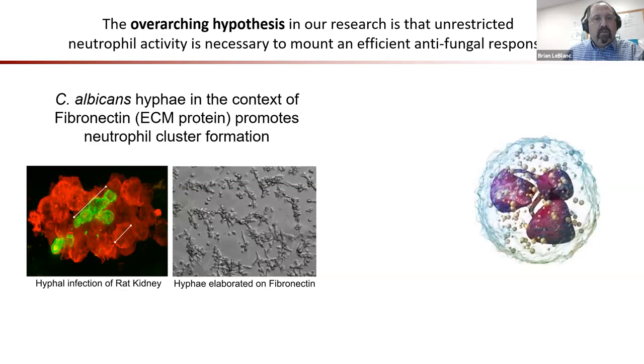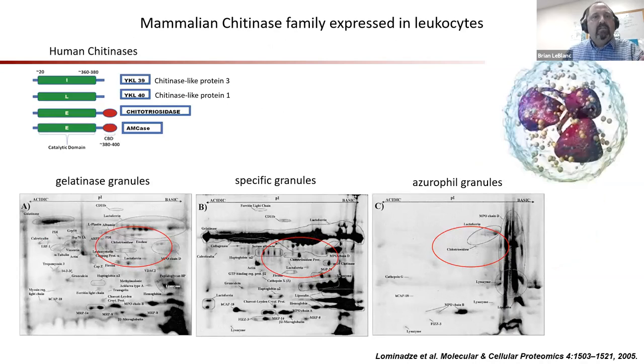So a neutrophil, when it responds to a fungal infection, releases all these intracellular granules and releases antimicrobial molecules. Specifically, what I'm looking at presently, this cute little project that I'm working on, is the chitinase chitotriosidase.